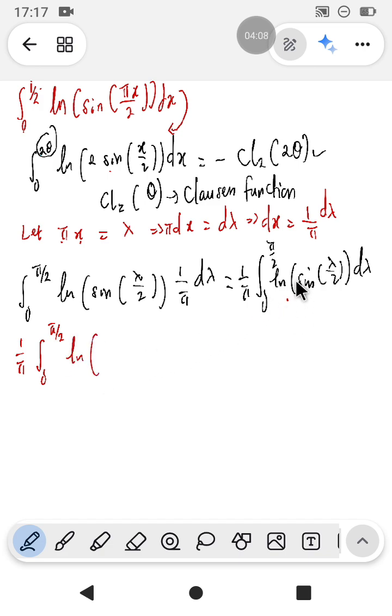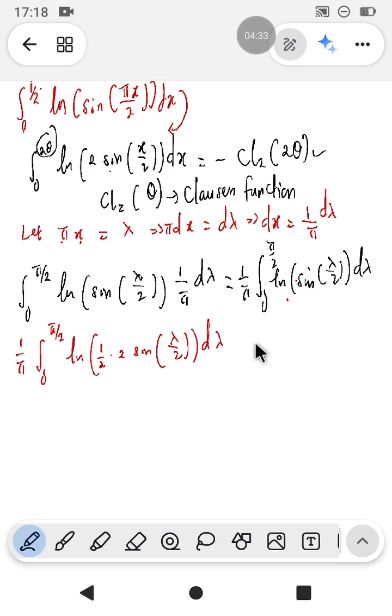I'm going to multiply this function inside the bracket by 2 and then by 1 over 2. That is 1 over 2 multiplied by 2, then multiplied by sine lambda over 2, then d lambda. Now, this does not change anything here because 1 over 2 multiplied by 2 is still 1. Then 1 times sine half lambda will give us sine half lambda.